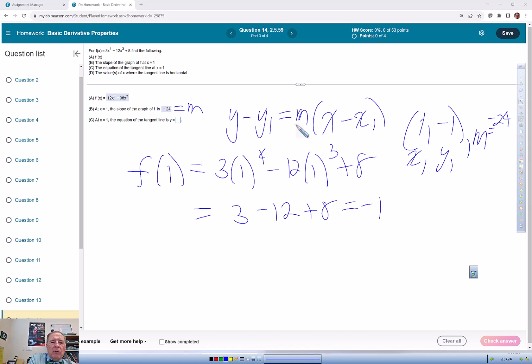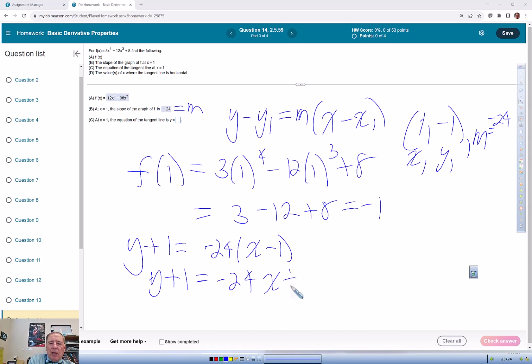Substituting into the point-slope form, y plus 1 equals negative 24 times x minus 1. That gives me y plus 1 equals negative 24x plus 24, or y equals negative 24x plus 23.